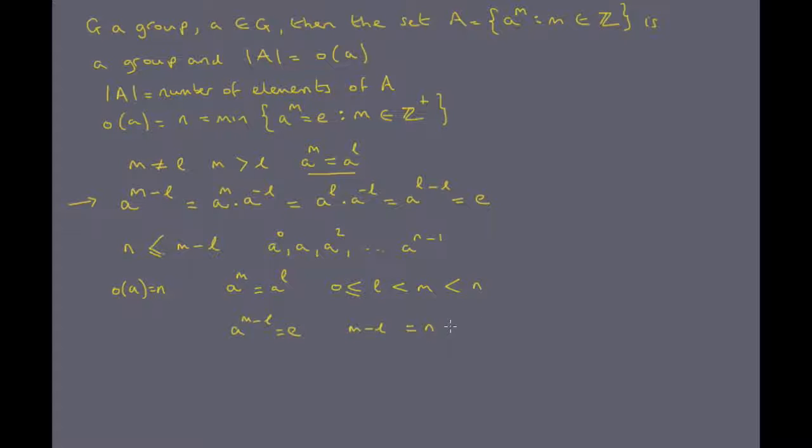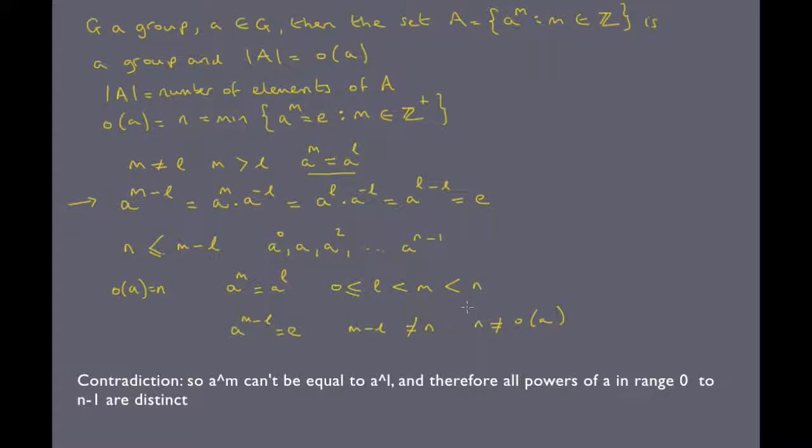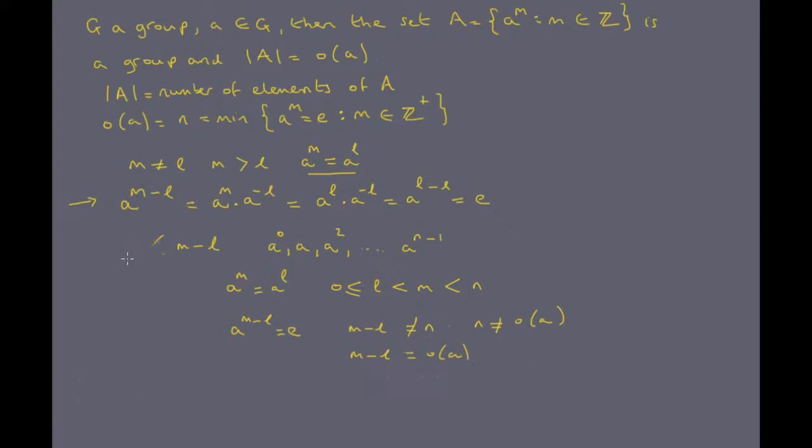Which means that n is not equal to the order of a, which is a contradiction because we started off by saying that n was equal to the order of a, and in this case m minus l equals the order of a. So we've shown that all the powers of a from 0 to n minus 1 are distinct.